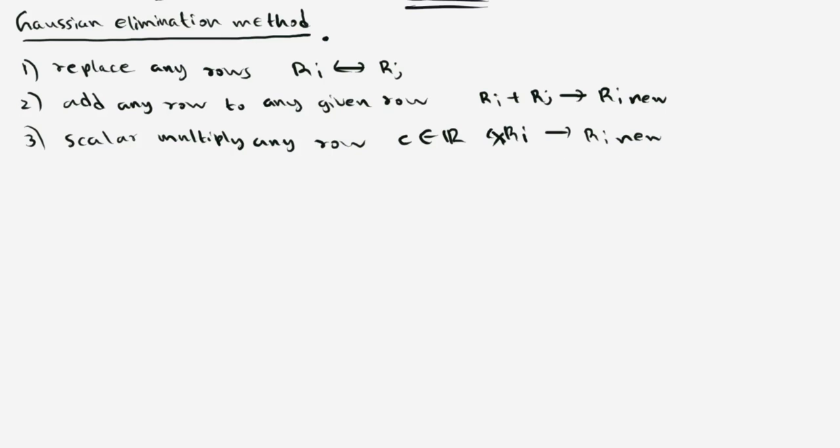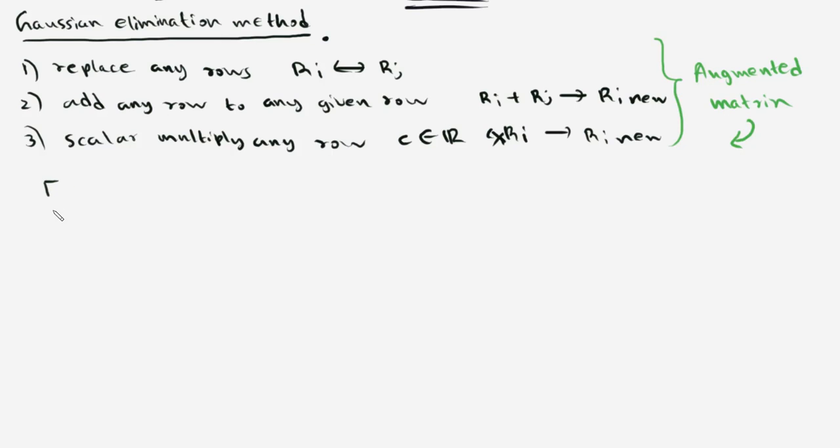So all of these three cases can be applied within an augmented matrix. So we have to represent our linear system within the augmented matrix, and then these rules can be applied in order to solve that specific linear system using the Gaussian elimination method.